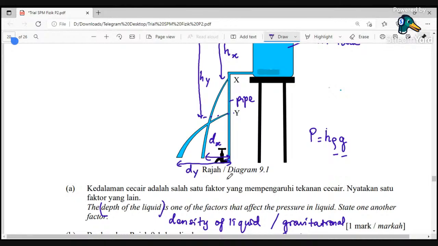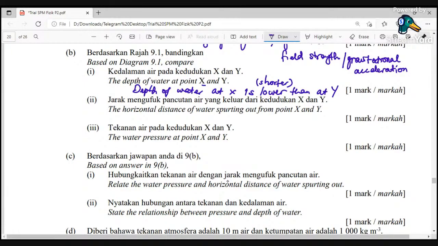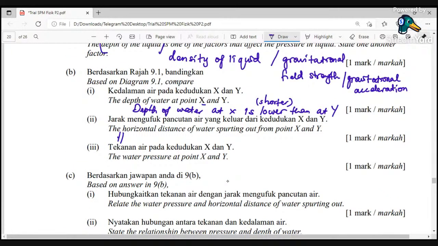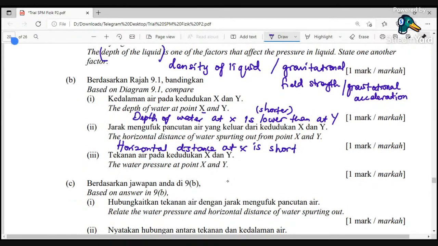So for X, shorter than Y. Okay, shorter. Water pressure at point X.